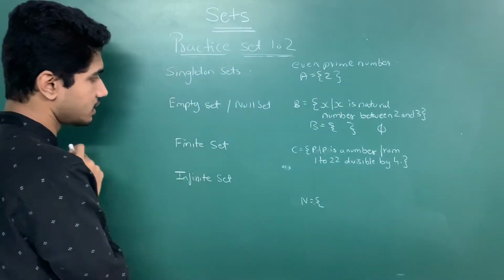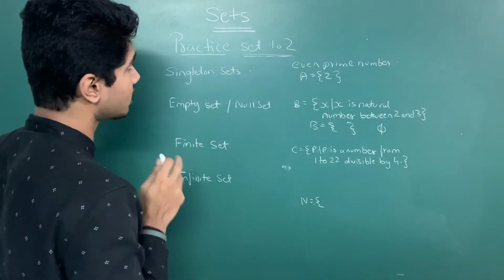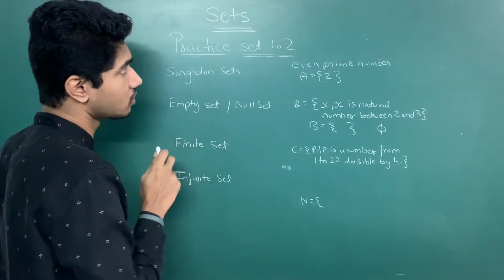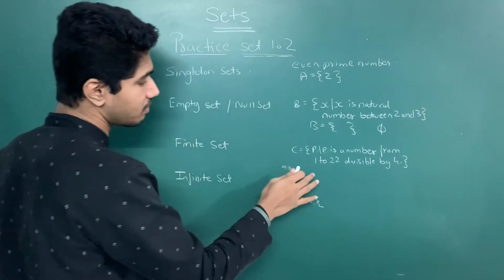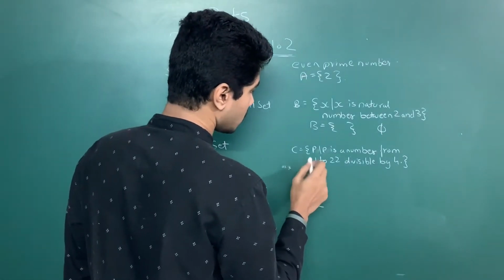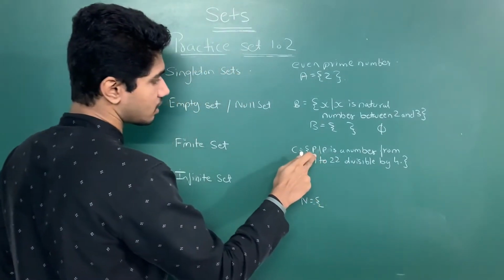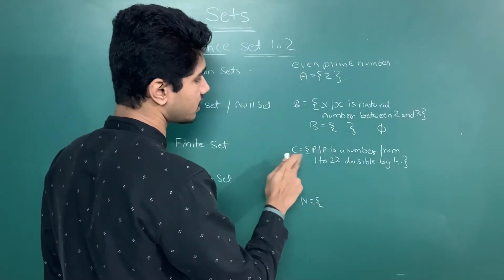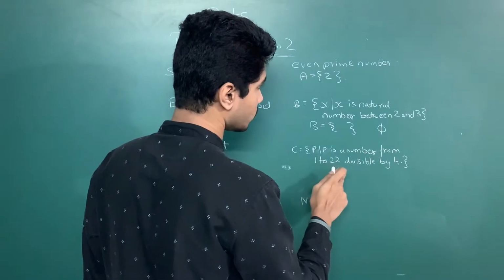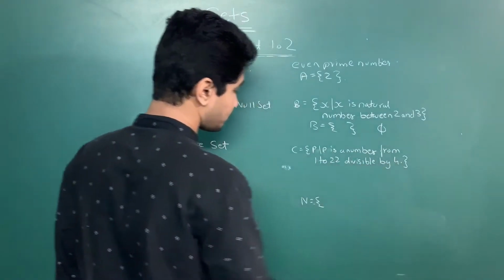Now, a finite set is a type of set which may also include the null set, and the elements are limited and also countable. Like, C is a set of P such that P is a number from 1 to 22 divisible by 4.